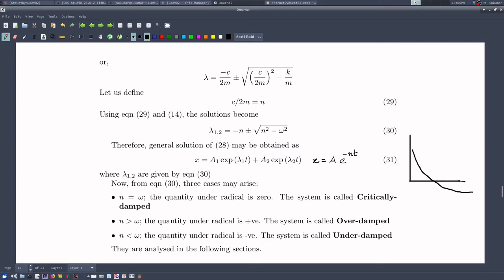Okay, and this type of system is called a critically damped system. Okay, critically damped system.